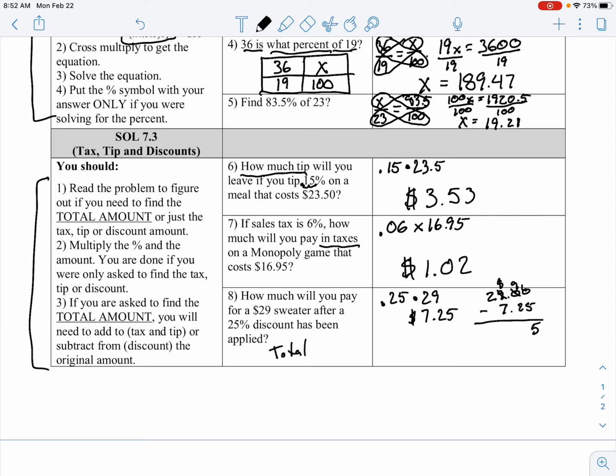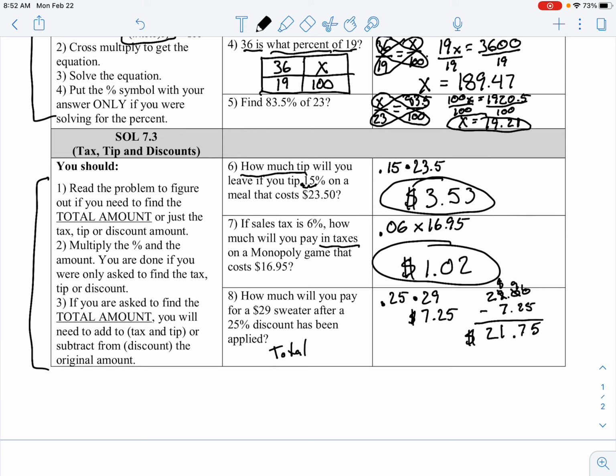So 10 minus 5 is 5. 9 minus 2 is 7. 1 and 2. So, whoops, I forgot to follow the directions. Circle our answers.